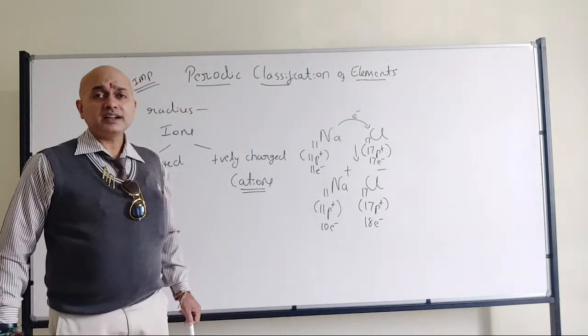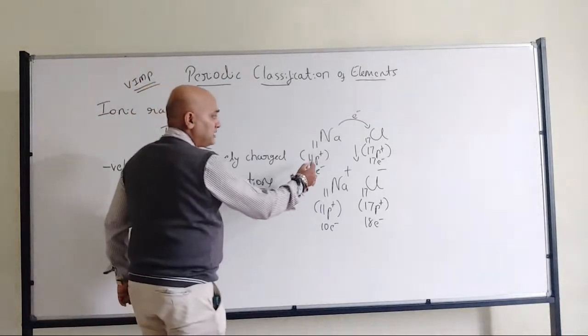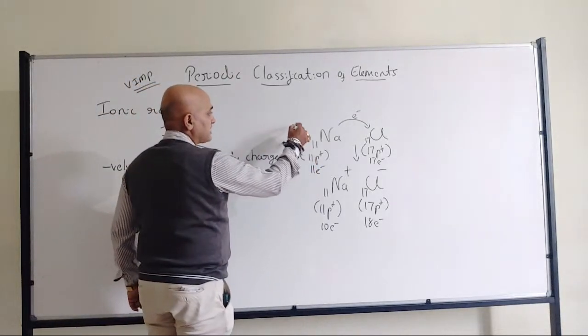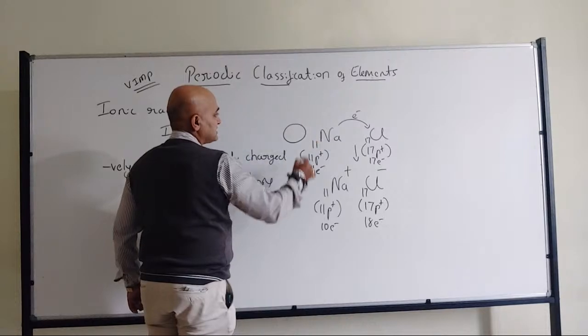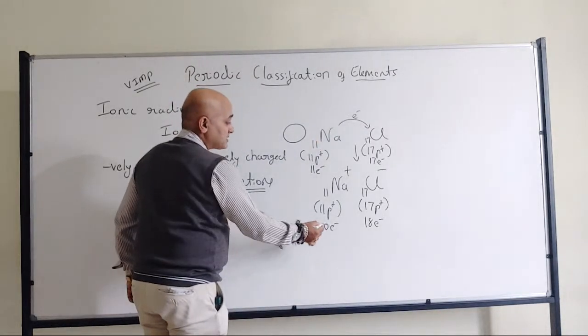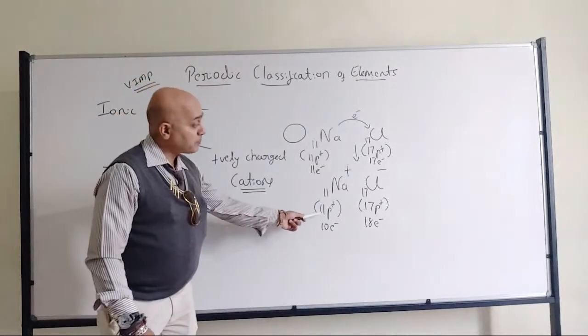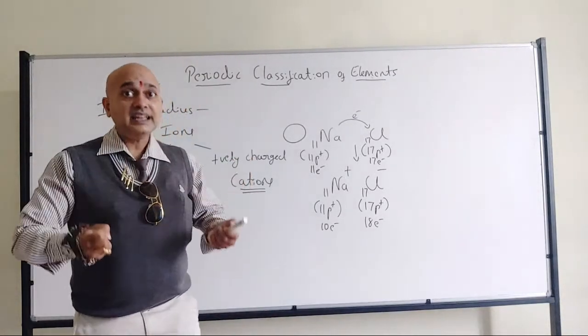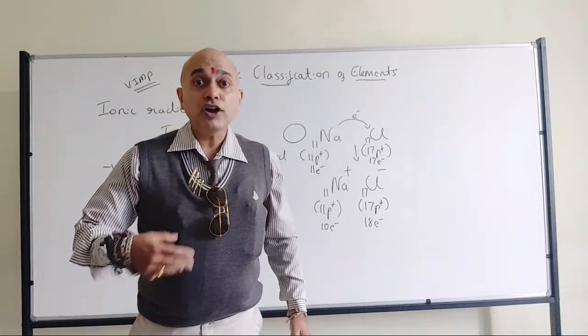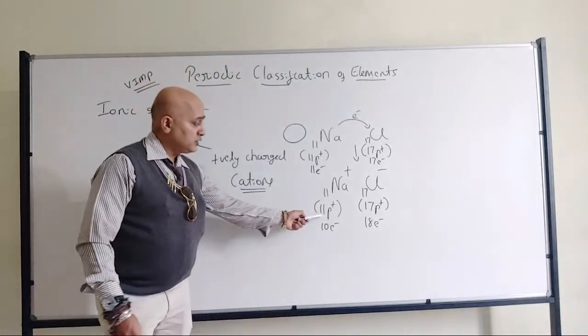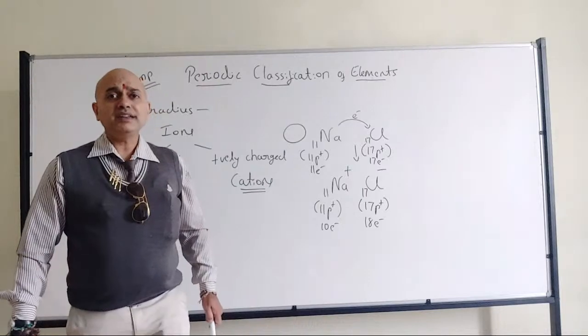In that case, Shashank and Dhanyata and even Yagnesh, they are absolutely correct. Since equal numbers of protons and electrons are there, we will imagine this is the atomic size. But since the number of electrons is decreasing, now 11 protons are attracting the electrons. Now proton number is dominating. Nuclear charge is dominating.